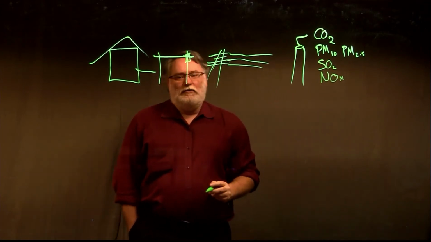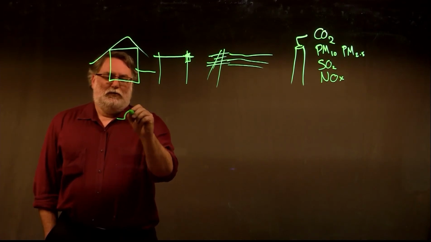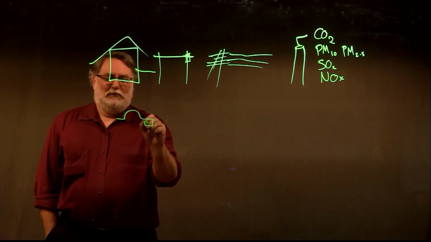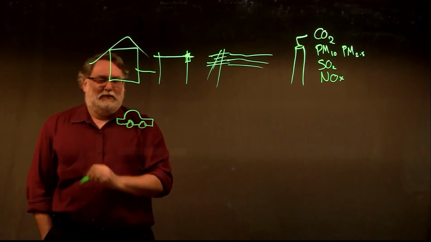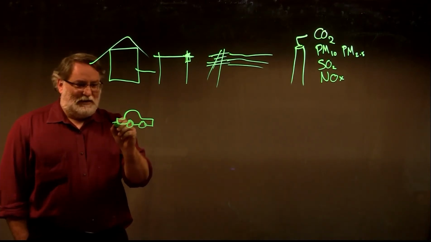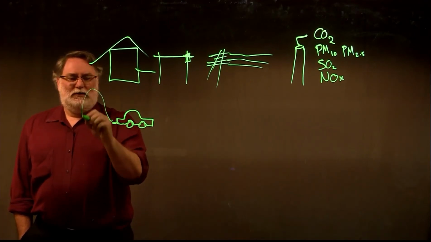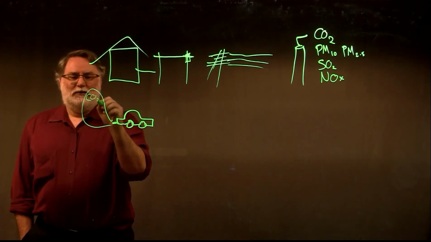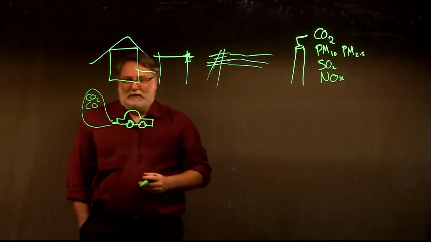If we go back to our automobile, see if I can do a better one. Or a Volkswagen this time. So here's a car. Again, I'm not too sure which is the back, but let's call it this way. Of course, coming out of here as well, I get things like carbon dioxide, and I get carbon monoxide. You don't want to have that being breathed in.